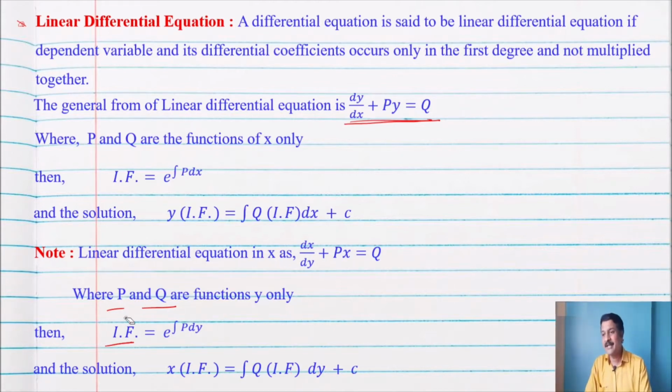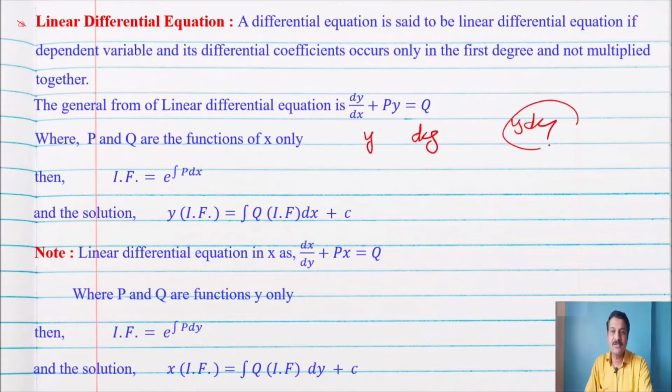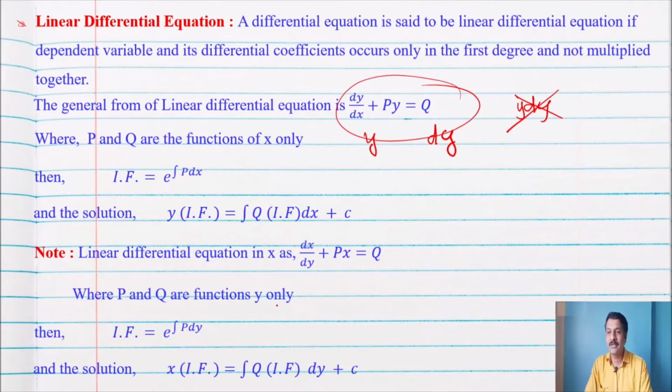It means that here again, if the differential equation contains one y and one dy and there is no other function of y, and it should not be in this format y into dy, then it is a linear differential equation in y.